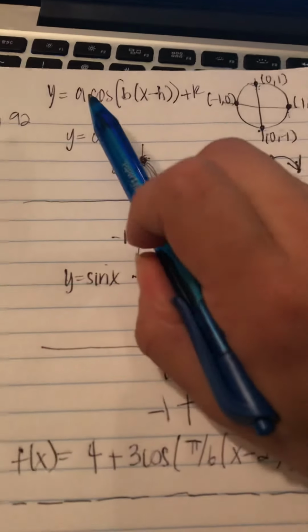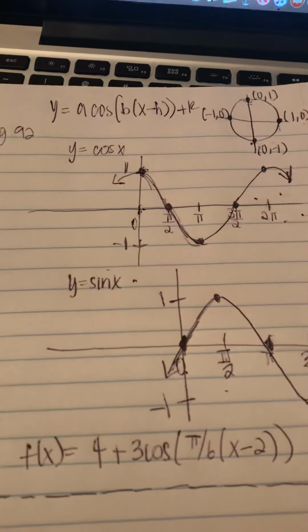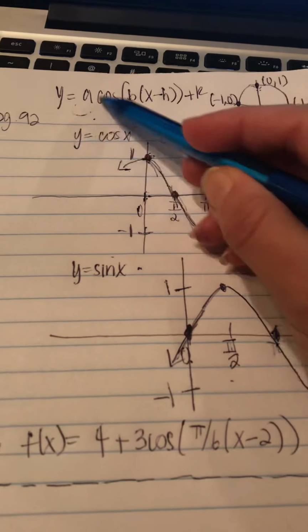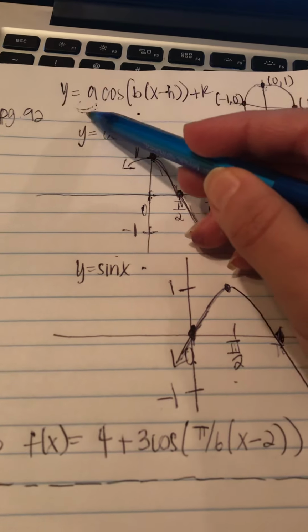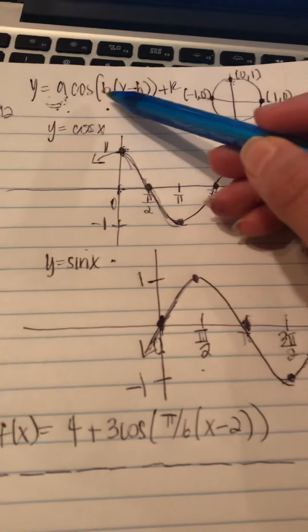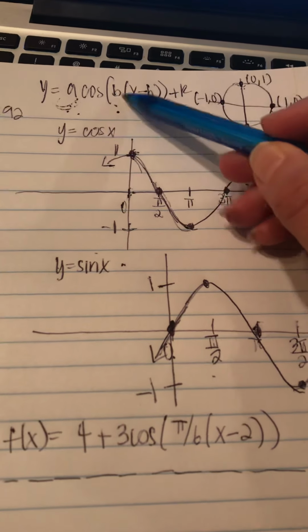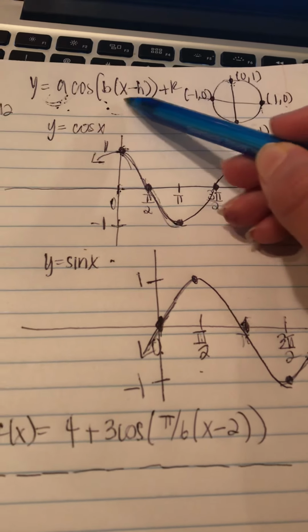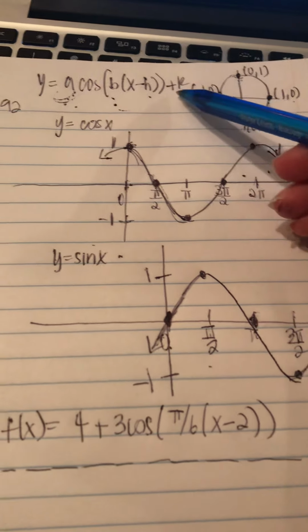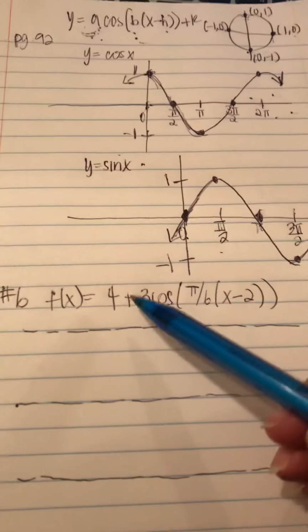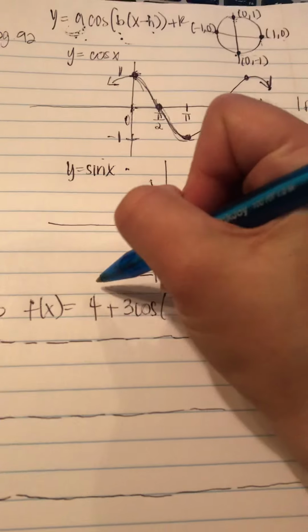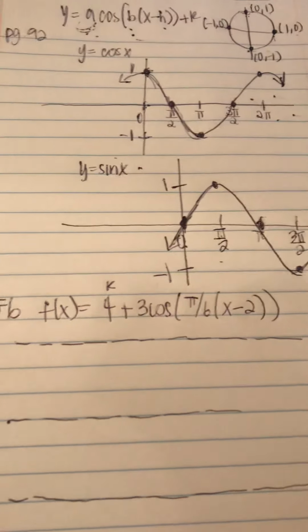So if you recall, we talked about transformations earlier in this year, but we also had them in Algebra 2. A is kind of like our vertical stretch or compression. Our B represents our horizontal component. The H is the horizontal shift, and the K is the vertical shift. So in this example here, they threw the K out in the front. So our K value is actually 4.